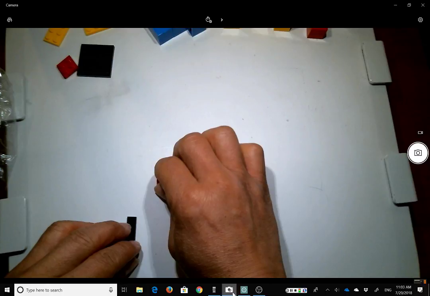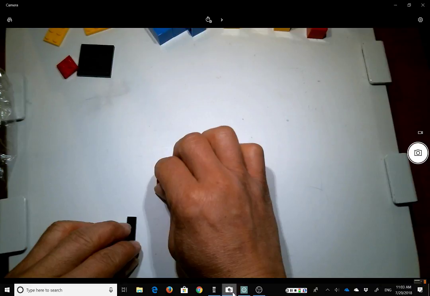So let's see if we can see an example of this. Let's pretend that this 2 piece is our A, and this is our B. And so what we want to look at is A plus B squared.